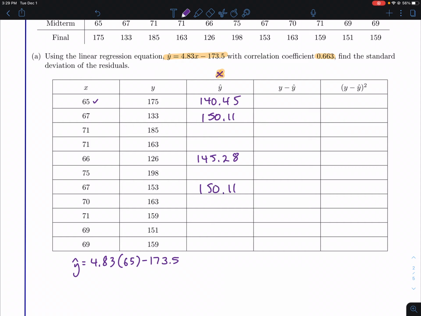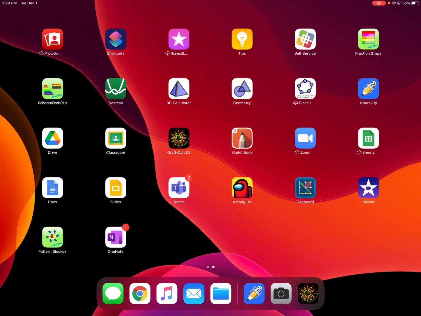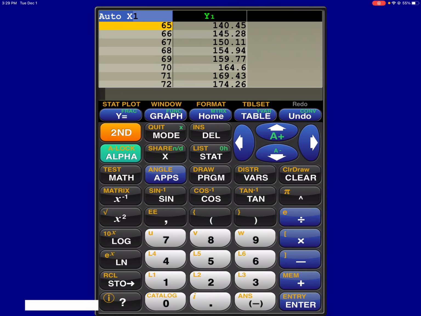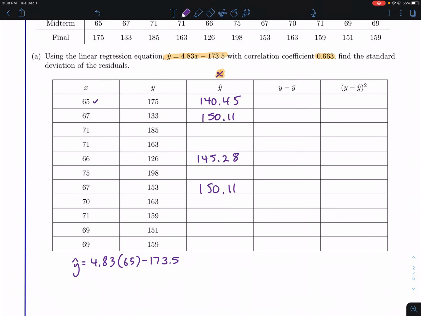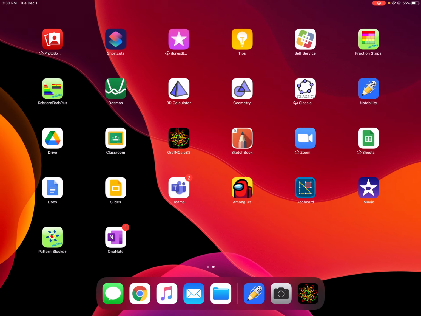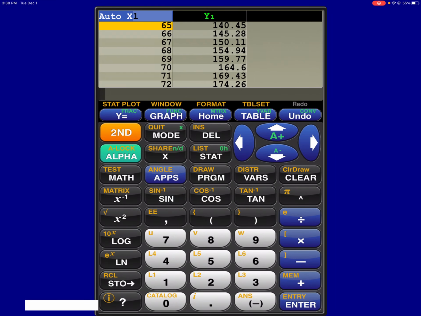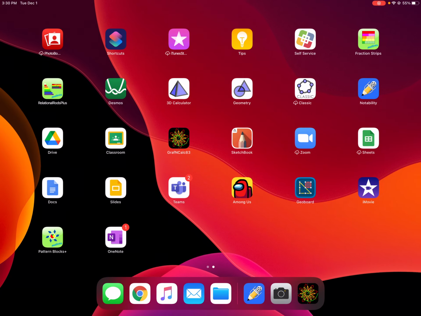There's no 68, but there is a 69, so let's grab 69. 159.77. I think I got all the 60s now. We got a 70, so let's grab 70. 70 is 164.6.